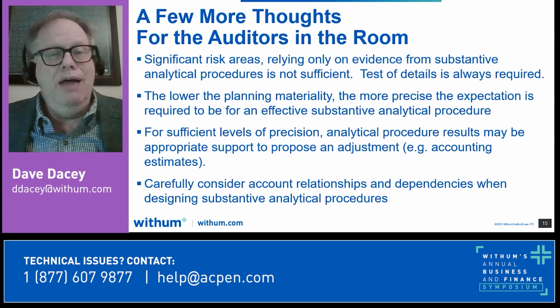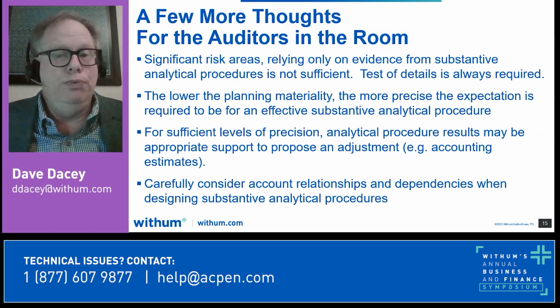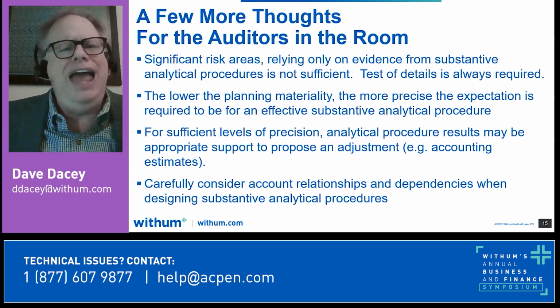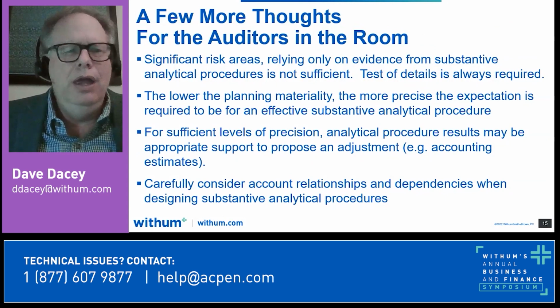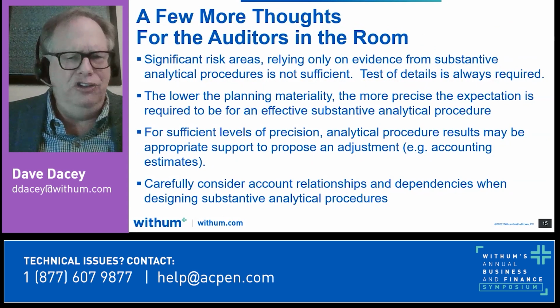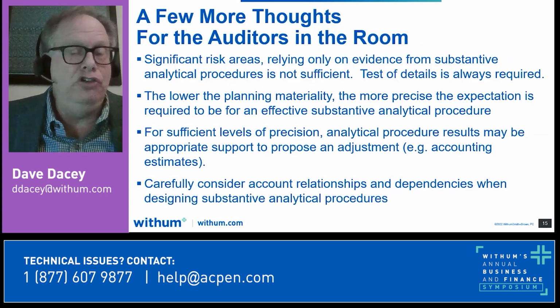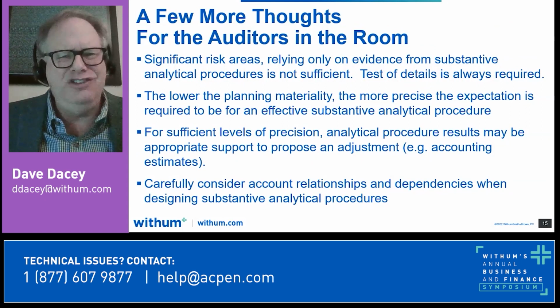Now, for sufficient levels of precision, analytical procedures can provide appropriate support to propose an adjustment. So what I mean by that is, if you have something like an accounting estimate, if the precision is reasonably precise, you could actually record an accounting adjustment based on the results of the analytics, because accounting estimates by their nature have a little bit of flexibility associated with them.